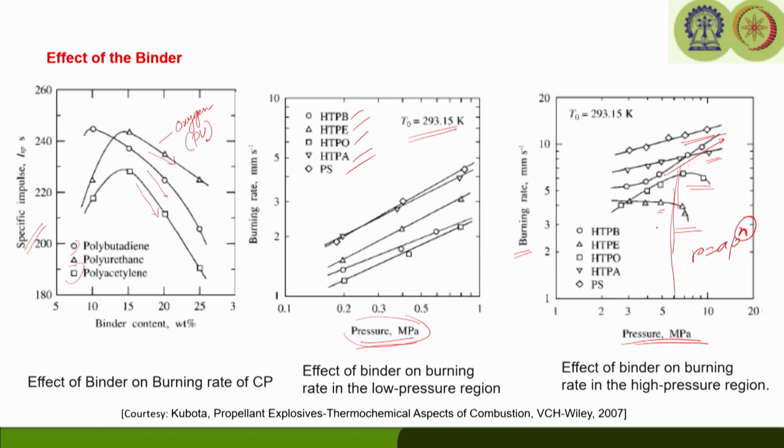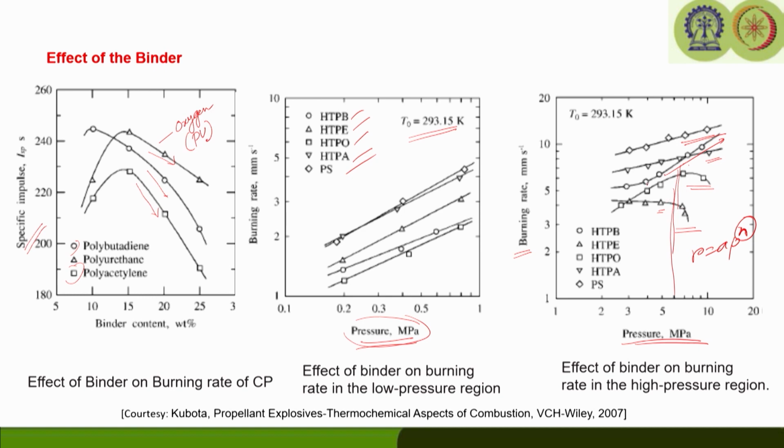For the case of HTPO and HTPE, n is actually going to become negative after a certain pressure. Although in the low pressure regimes they follow a linear trend and continuously increase, in the high pressure regime they do not follow the similar trend.